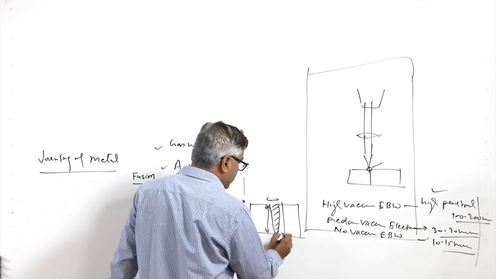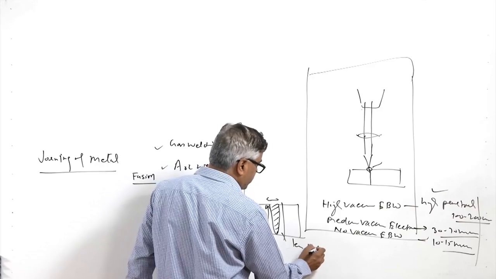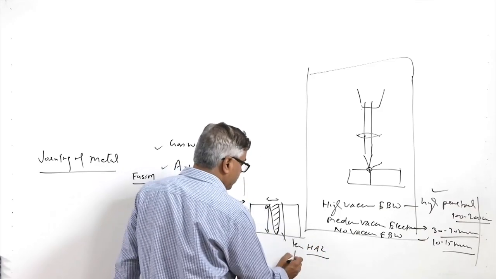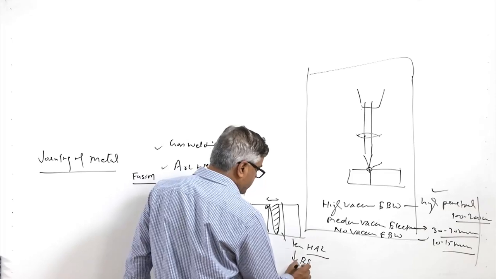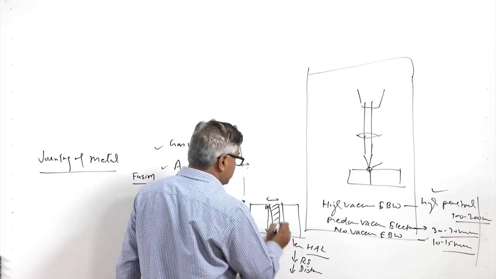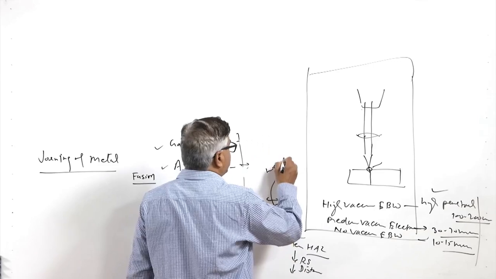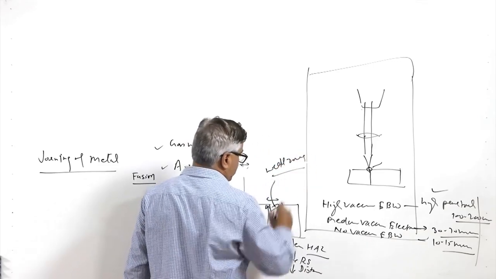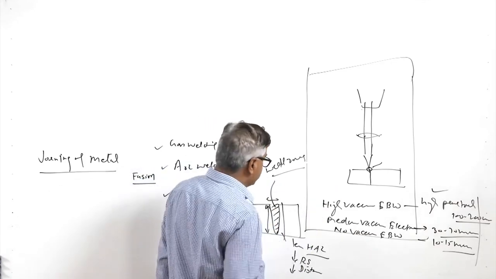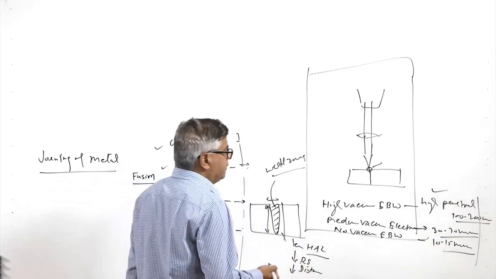This results in very little heat input, a small heat affected zone, very low residual stresses, and very limited tendency for distortion, and the vacuum results in a very clean and good quality weld.